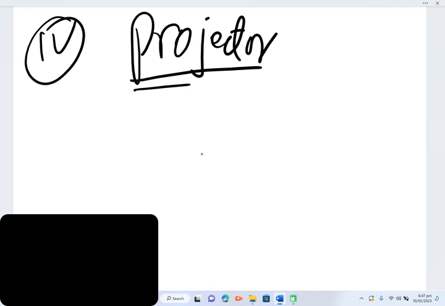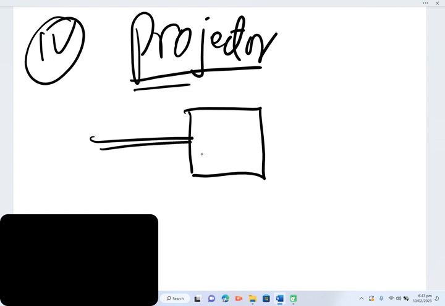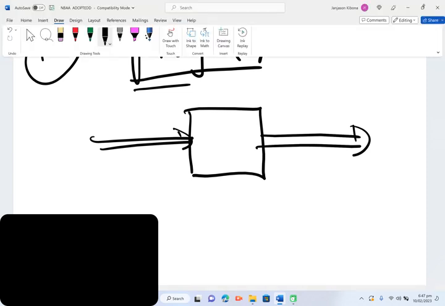Kwa hiyo pale kuna budgeted machine hours for input and output. Kwa sababu hii projector huwezi kuiwasha kwa masaa 24, utakuta imeoverheat.